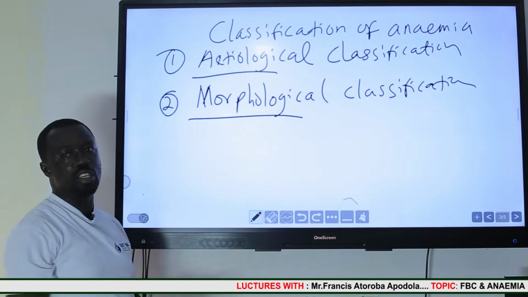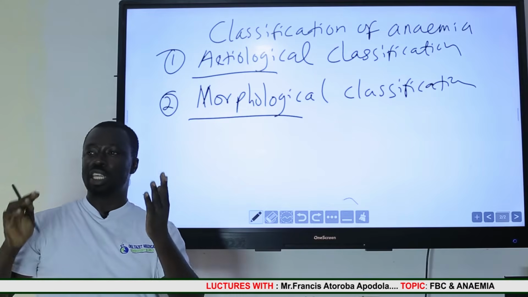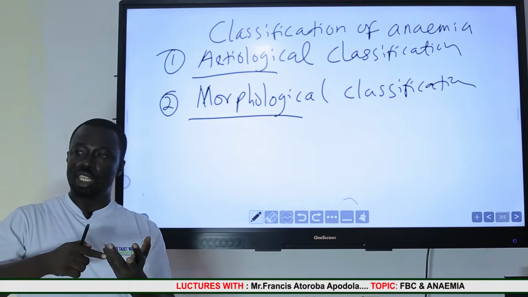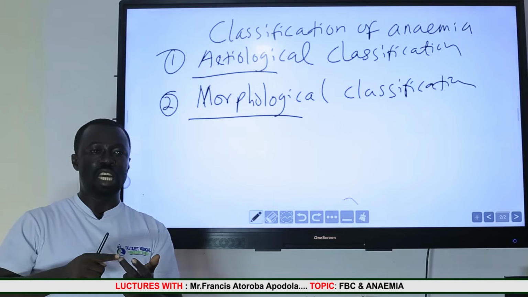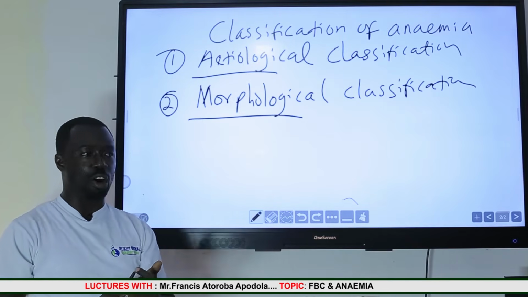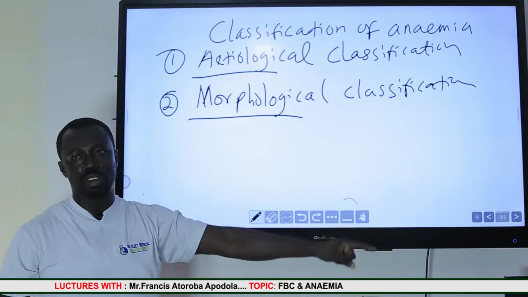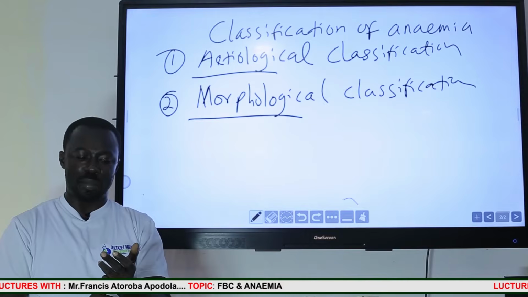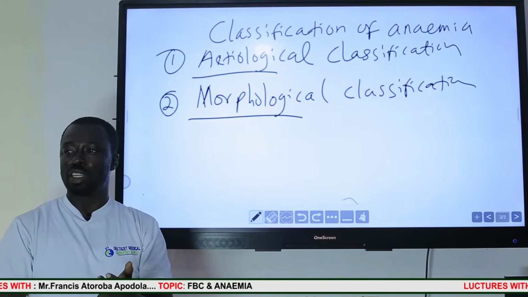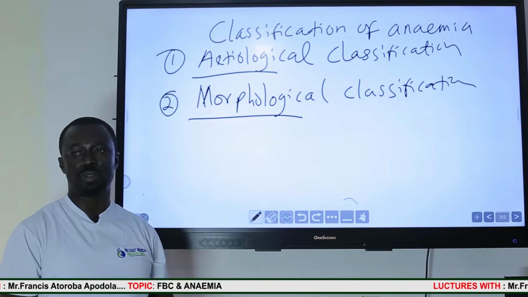Morphology is the study of what? Form. If you are studying the form of something, you will study the shape of that thing, the size of that particular object, then the color of that particular object. So morphological classification will basically be looking at the size of your red blood cells, the color of your red blood cells, the shape of your red blood cells.